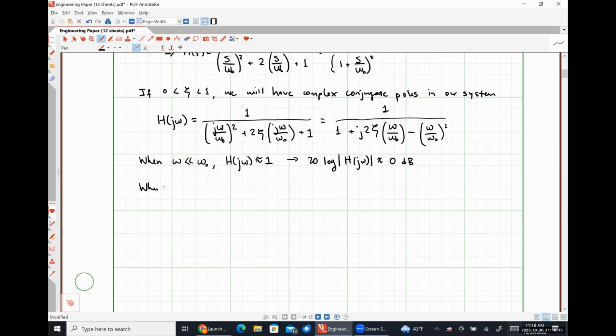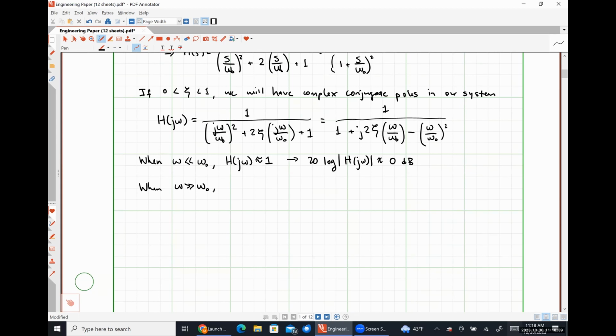What happens when omega is much greater than omega naught? Well, our omega over omega naught squared term in our denominator becomes the most dominant contributor to our system's frequency response, right?